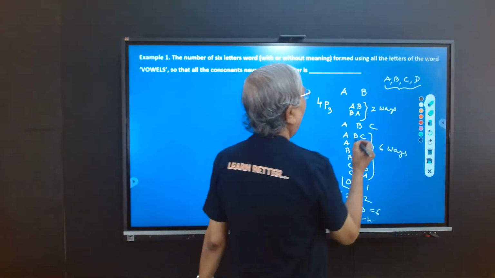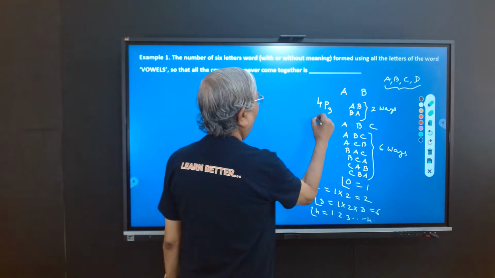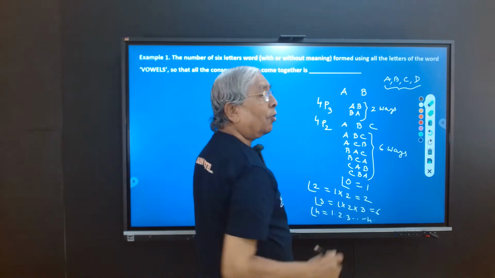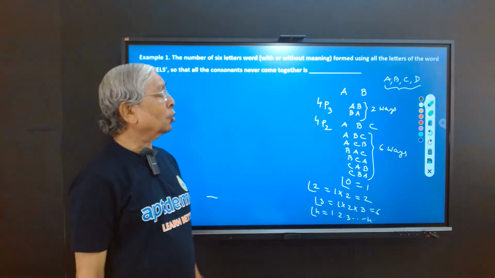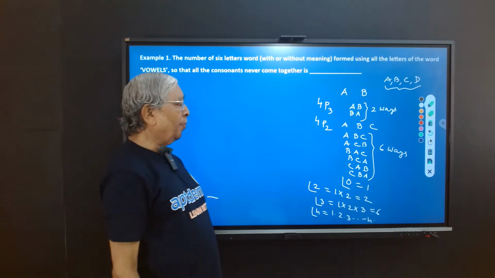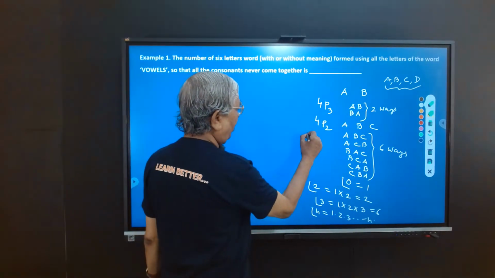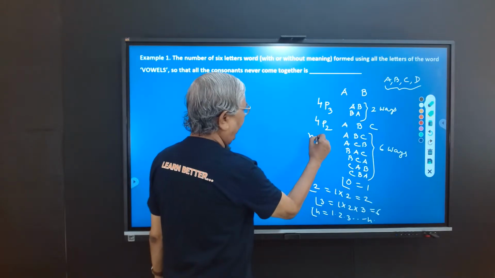If I take 2 at a time out of 4 letters, permutation of 4 things taking 2 at a time, the notation is 4P2. So in general, the permutation of n things taking r at a time is nPr.